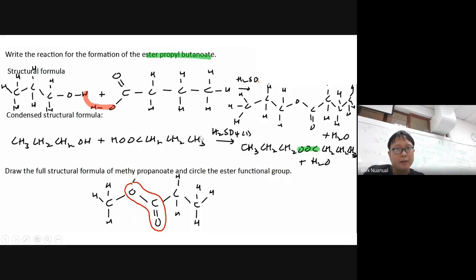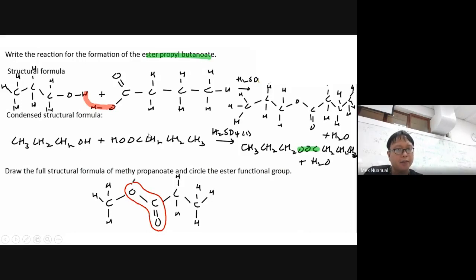Now, this is the same thing as I did up here. When I write it in condensed formula, this is CH3, CH2, CH2, and then OH, what it used to be. Over here, be careful how you do the condensed formula. This is your HOOC, and then this part is another CH2, CH2, CH3.